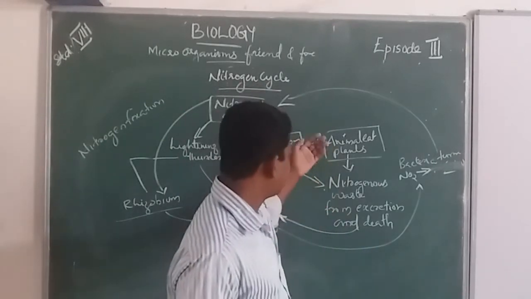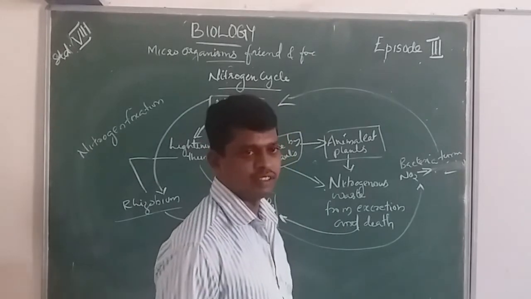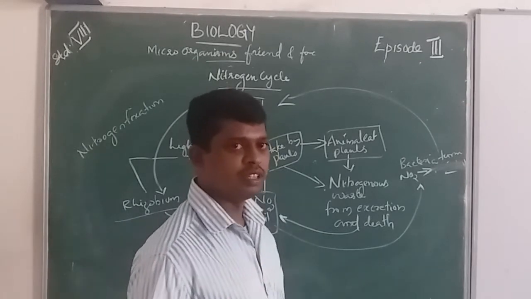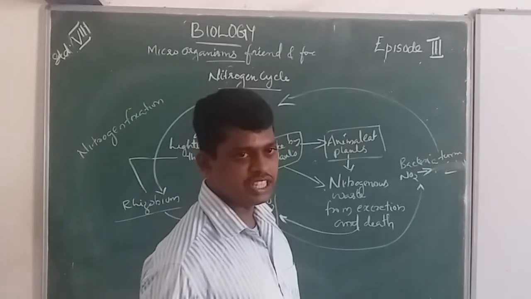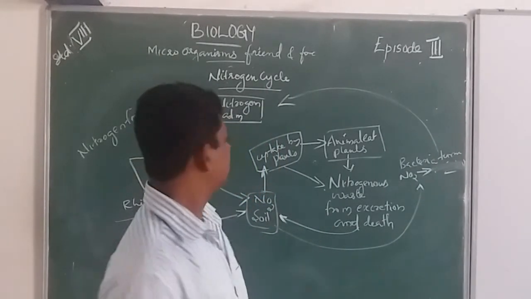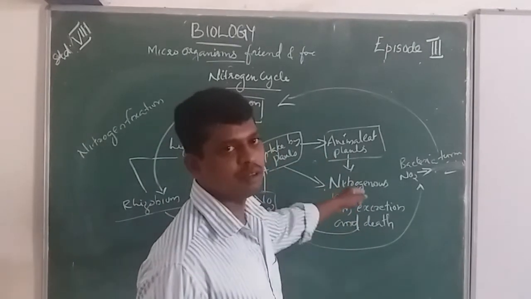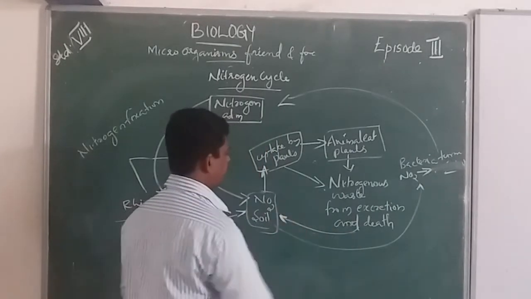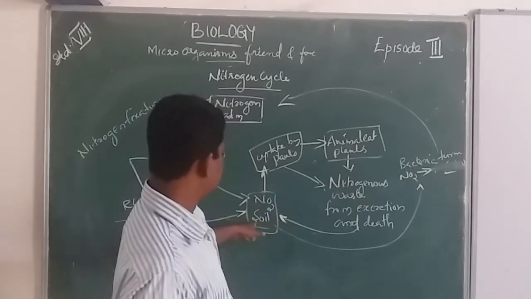Nitrogen is released from excretion and death of plants and animals. Then this nitrogen comes again to the soil.